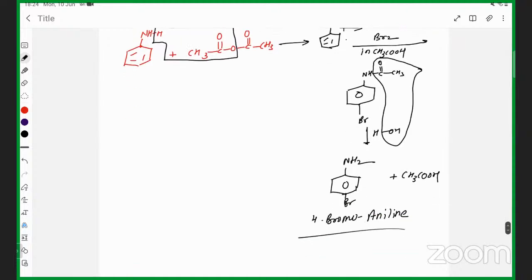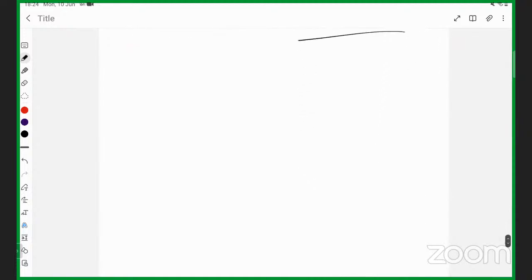Next one, we are doing nitration. Nitration of aniline.